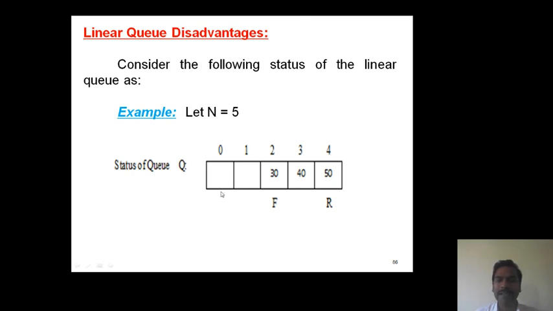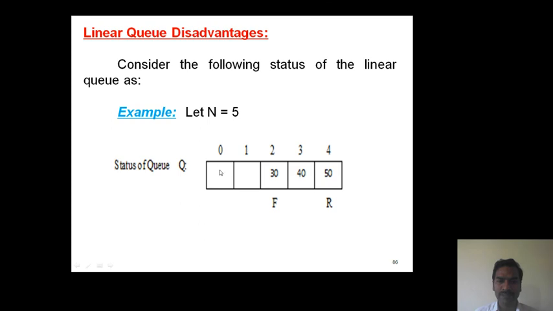Some elements are deleted at the front end, so after deletion, F is set at index 2. At this stage, if we try to insert an element into the linear queue, it displays the linear queue overflow message, because R reaches the N minus 1th location.